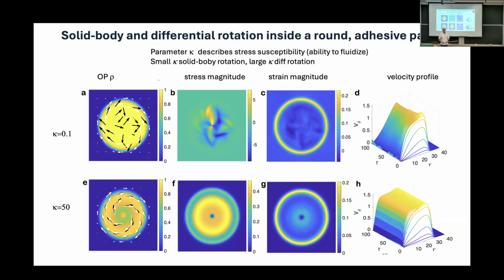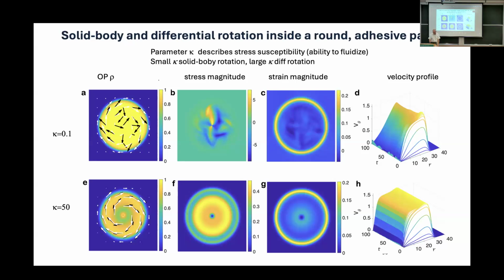Velocity and polarization are decorrelated as for the solid state. As you can see, the arrows point in different directions, but the velocity profile is very close to linear. If we increase the stress susceptibility coefficient significantly and allow the system to melt, then we have differential rotation, and velocity and orientation become immediately correlated.